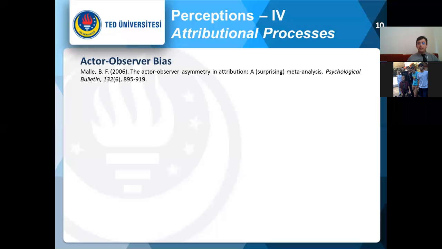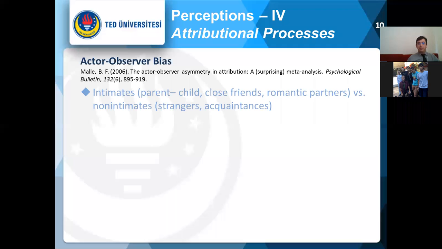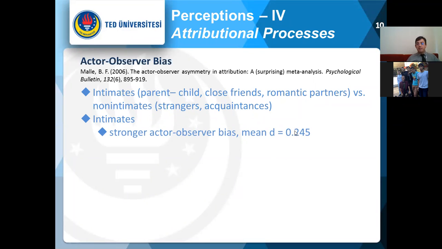So about the actor-observer bias, what we know is that we observe it more in intimate rather than non-intimate partners. So what are intimates? Intimates are parent-child dyads, close friend dyads, or romantic partner dyads, whereas non-intimates are strangers and acquaintances. So intimates have stronger actor-observer bias, as meta-analyses show.